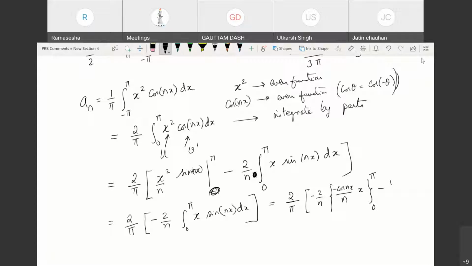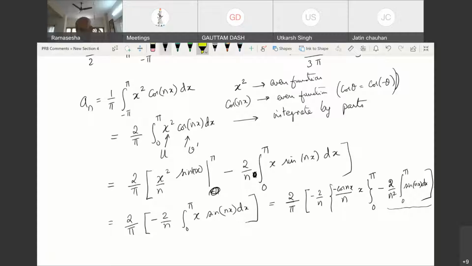So what do you get from this term? The integral from 0 to pi of sin nx dx should be 0, so this goes to 0.